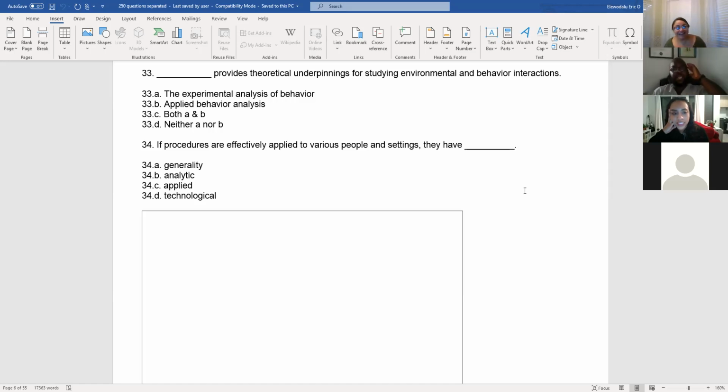A and B, A, no B. Is it A and B? So I'm thinking A, the experimental analysis of behavior, because the experiments is what deals with the environment and the interactions.